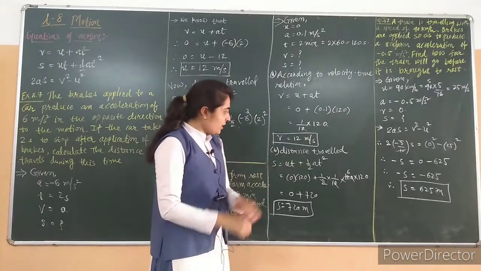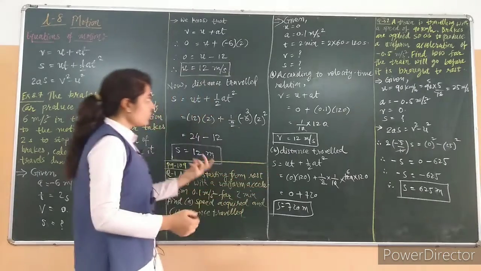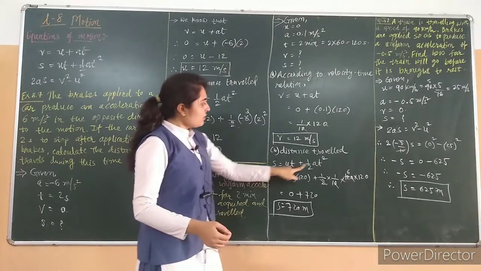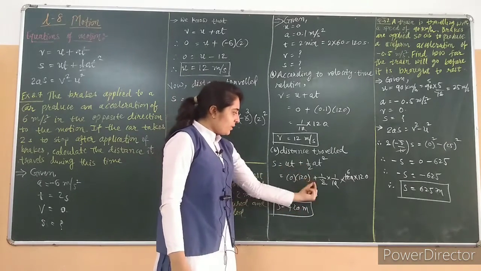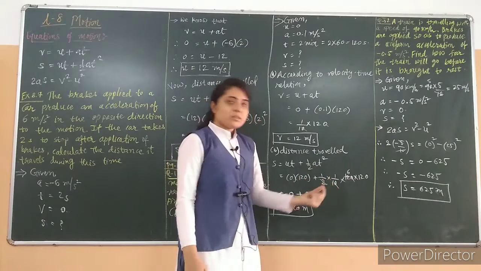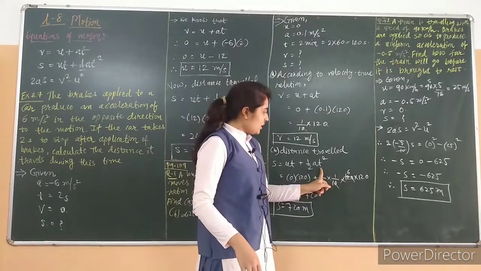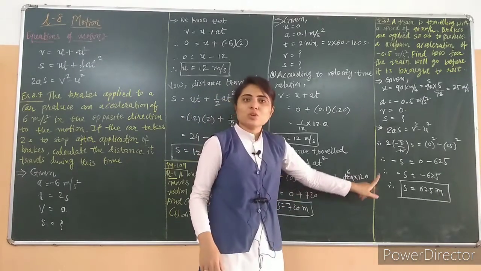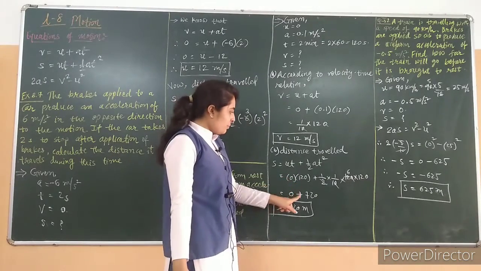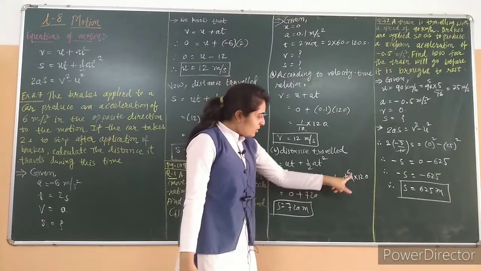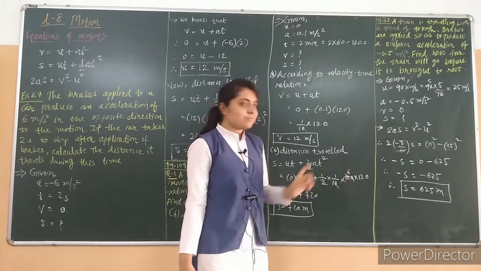And another thing we need to find is the distance traveled. s is equal to ut plus half at square. We are directly using this because we have u, we have t, we have a. So u is 0, t is 120, plus 1 upon 2 into a. a is 0.1, so we can directly use 1 upon 10 into t square, that is 120 into 120. 120 into 0, always 0, plus 1 0 can be cut with 120 and 2 will cut with 2, 6 are 12.